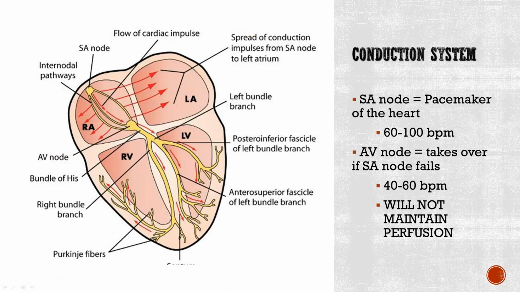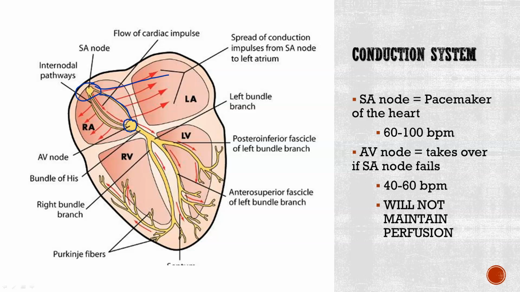All right, so we know that the pacemaker of the heart is going to be the SA node, the sinoatrial node. It's in the upper part of the right atrium. And that electricity is going to start there and move throughout the right and left atrium down to the AV node, into the bundle of His, into the right and left bundle branches, into the Purkinje fibers.